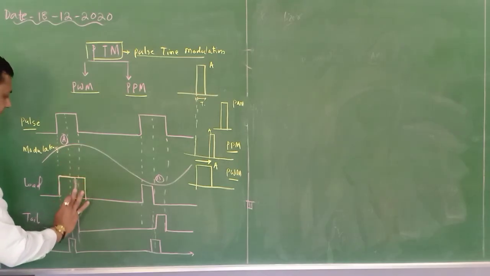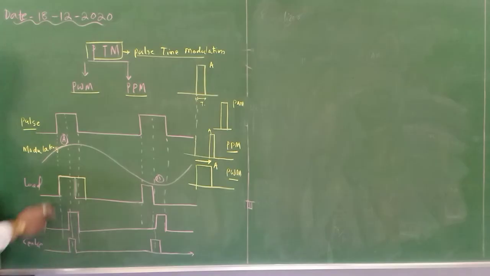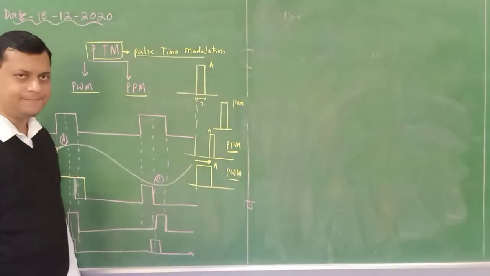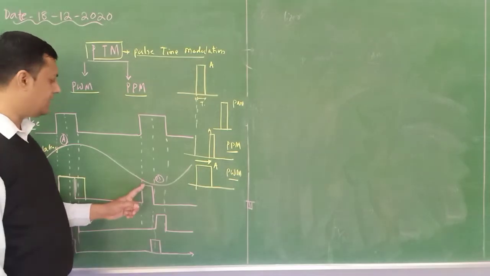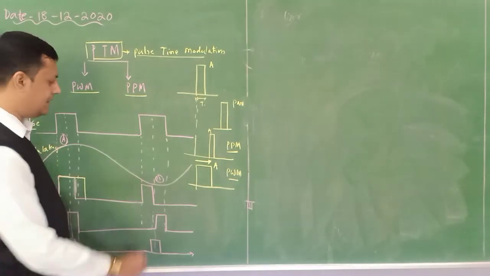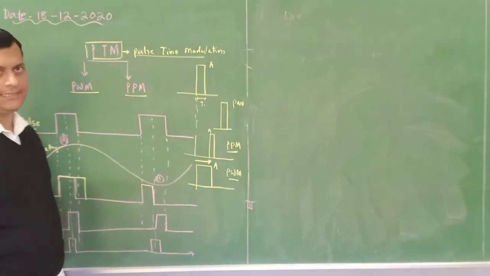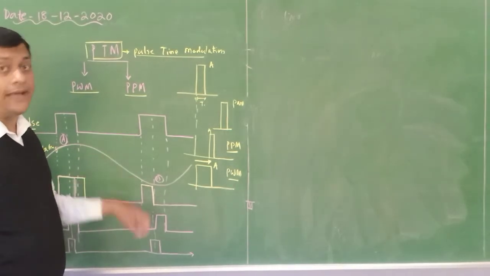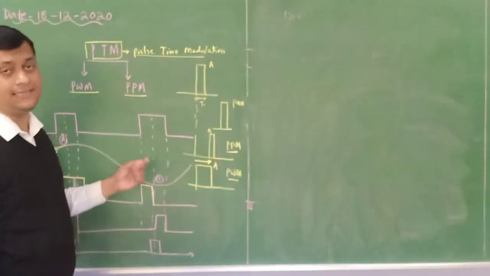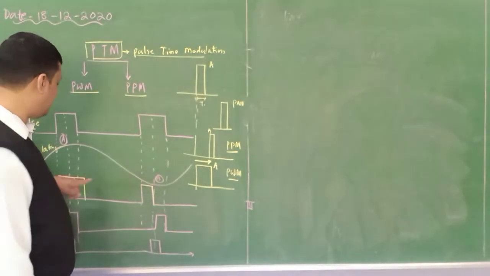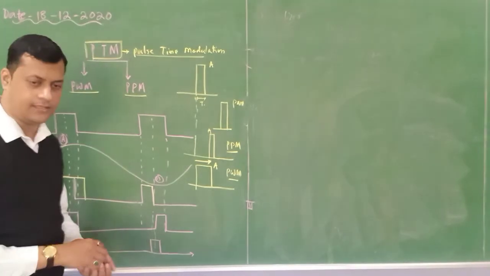Similarly, when it is decreasing, the pulse width becomes less. If the width of the pulse is varied, that means it becomes pulse width modulation. The amplitude of these two pulses remains constant.